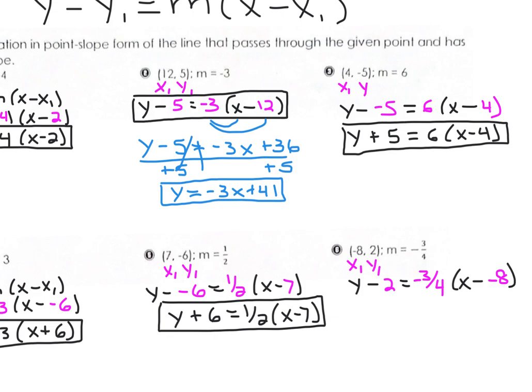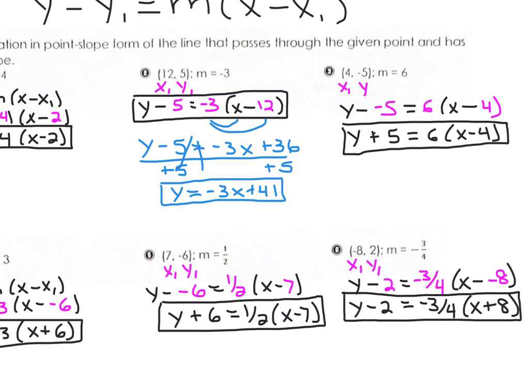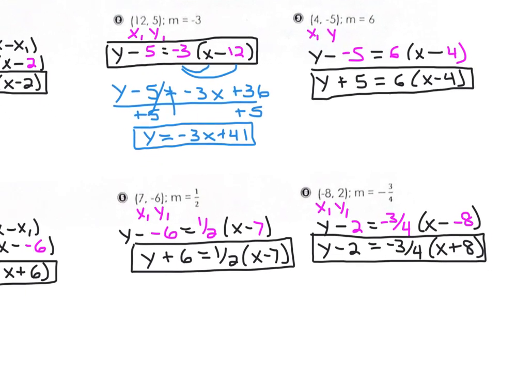As we simplify that in point slope form, we get y minus 2 equals -3/4 times the quantity x minus a -8 will simplify to x plus 8. So there is our point slope form.